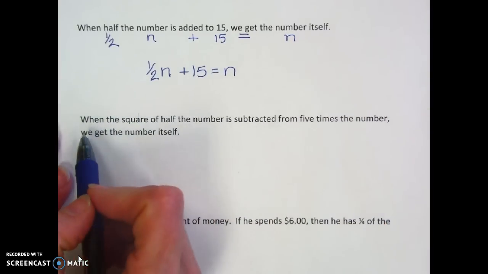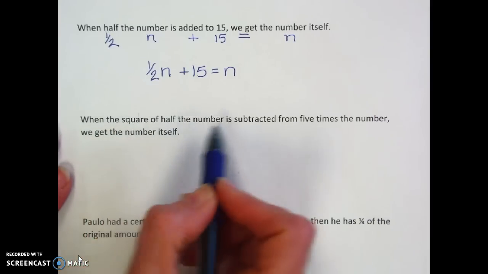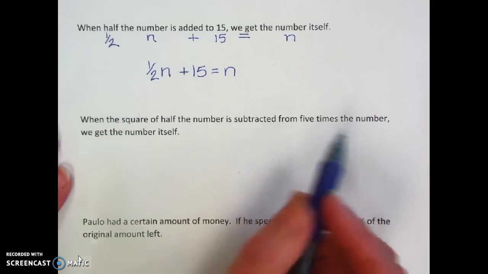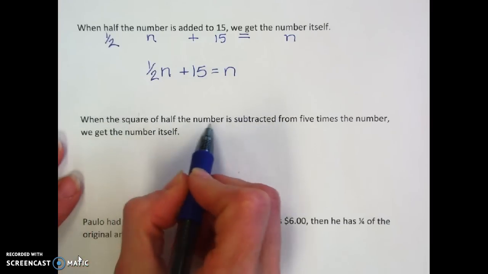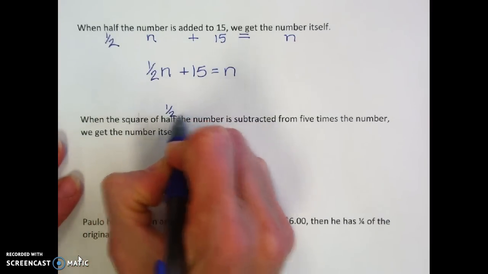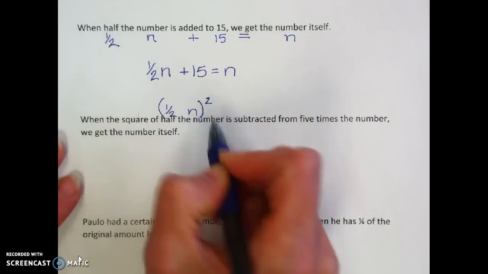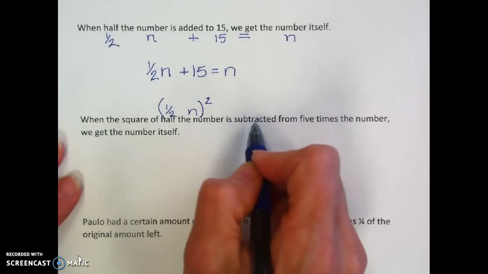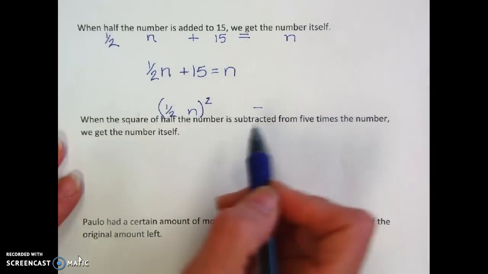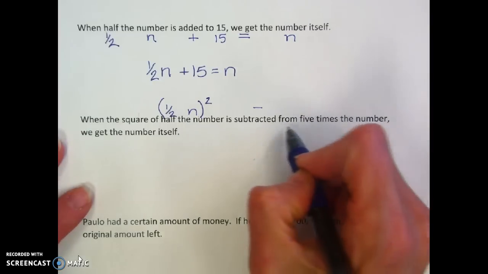Let's try another one. When the square of half the number is subtracted from 5 times the number, we get the number itself. So now we want the square of half the number. So half the number squared, we want all of that squared, not just one piece, is subtracted from 5 times the number. Now we have to be careful because we're subtracting: this is subtracted from this, so we have to change the order when we write it down.